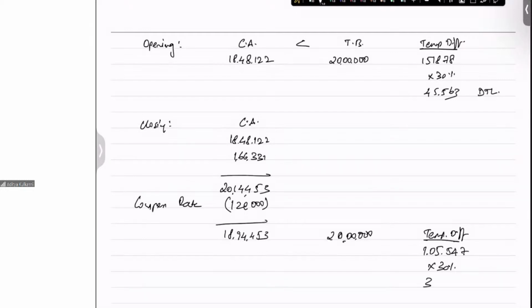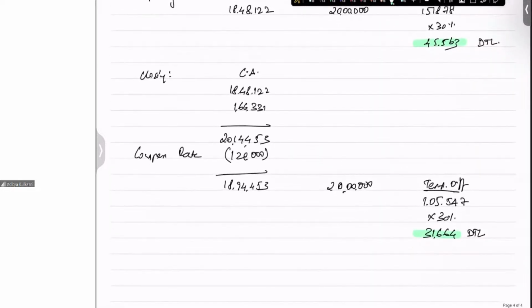So this is 31,664 DTL. You had an opening DTL of 45,563. End of year 1, that DTL has fallen to 31,664. So can I say that reversal of DTL is nothing but 45,563 minus 31,664? That comes to 13,899.